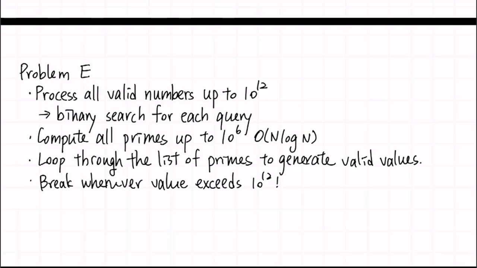We do this by looping through all the values from 2 up to 10 to the power of 6, and for each value we mark all of its multiples as not prime, and afterwards we add all the values that haven't been marked as non-prime into an array, which can be our primes. We can look at this afterwards when we look at the code.